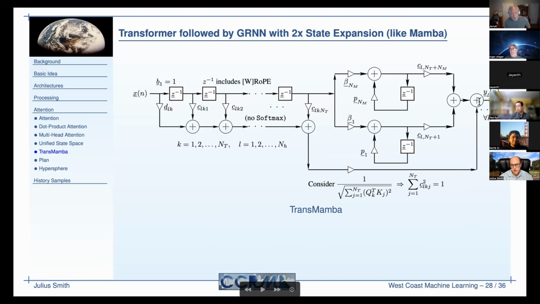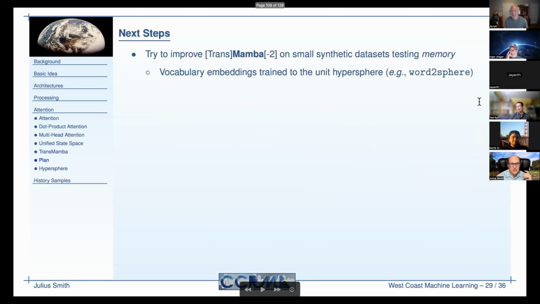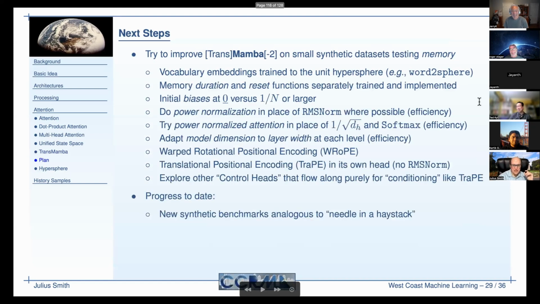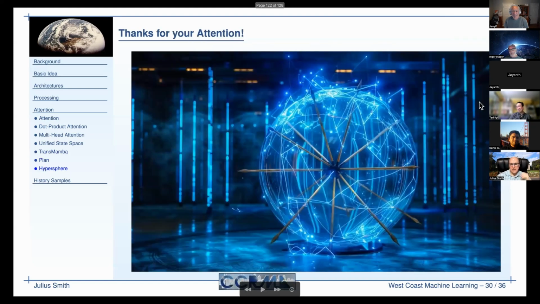It's just a hypothesis. Anyway, it just looks good from the point of view of somebody who likes normalized signal processing. So then I have a list of things I'd like to do, and then finally my closing slide where we get to meditate on this mandala.